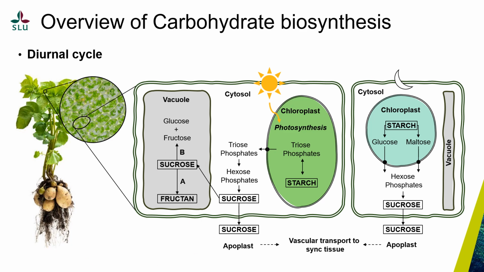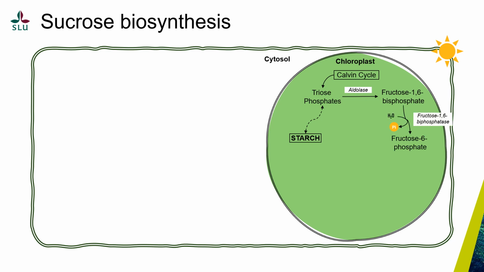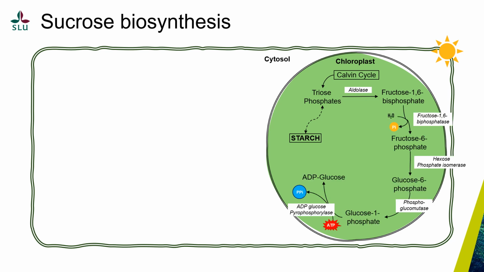So going into more detail about it, if you look at the daytime, triose phosphate could be converted into starch from the Calvin cycle. And this is just an example of the Calvin cycle. If I just quickly go through it, you don't need to remember all of this, you can read it through the books anyways.